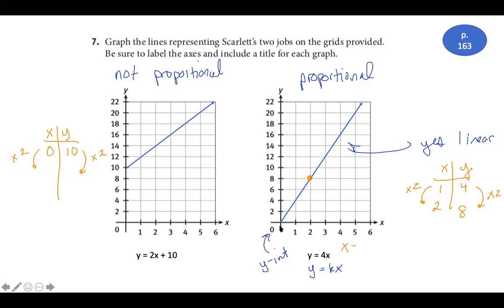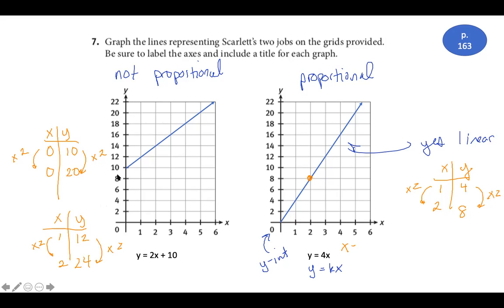I'd have 0, 0, and I'd multiply times 2 and I'd get 0, 0. So 0 times 2 is 0 and 10 times 2 is 20. Doesn't work. Let's pick a different point. 1, 12. 1 times 2 is 2. 12 times 2 is 24. 2, 24 is not a point on this line.